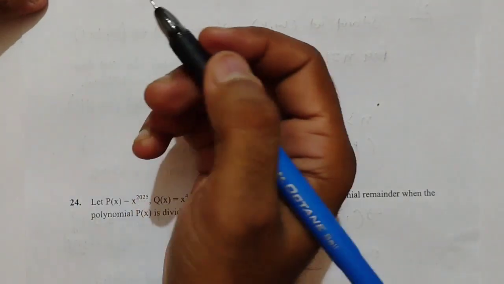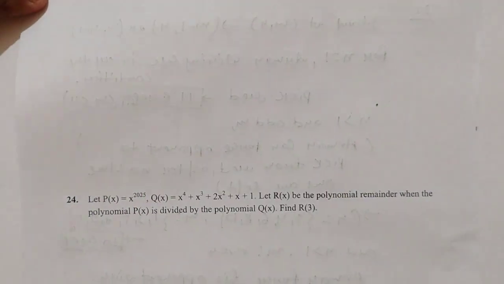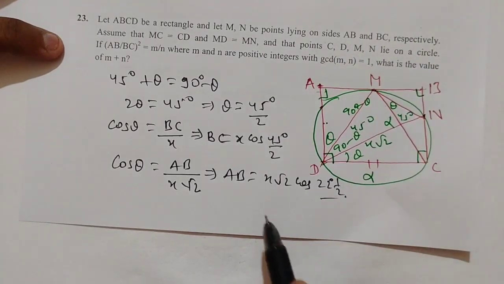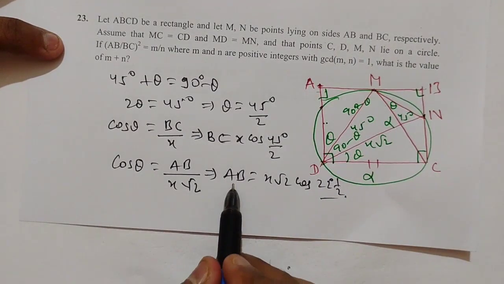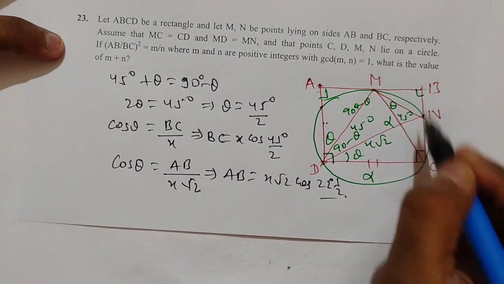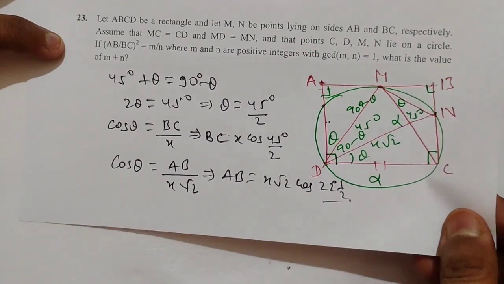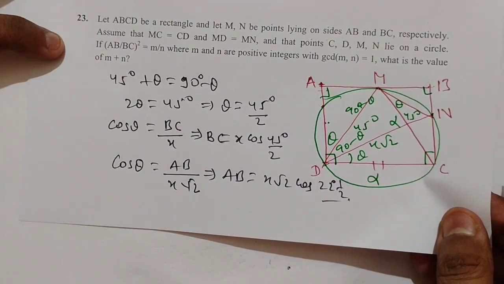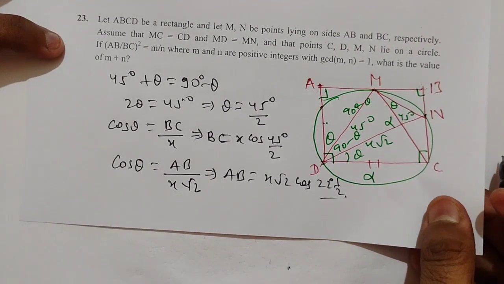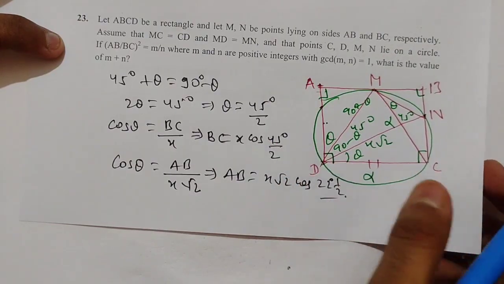And this is like the value of AB and BC. AB and BC we have in terms of x root 2 cos 45 degrees by 2 and x cos 45 degrees by 2.